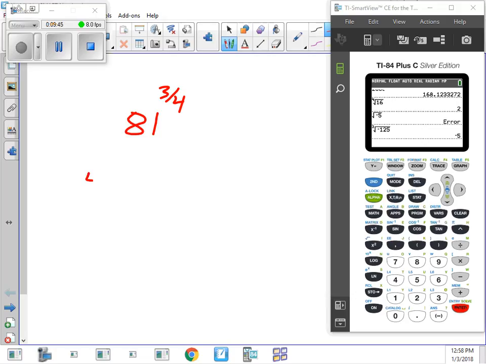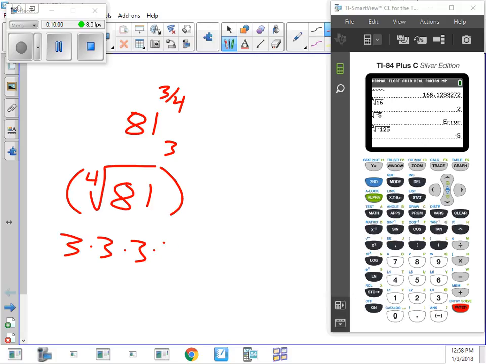It would be the fourth root of 81 to the third. Can 81 be split into 4 equal multiplications? Yes, 3s. So it's 3 times 3 times 3 times 3, and how many of those 3's are part of my answer? 3 of them. So the answer would be 27.